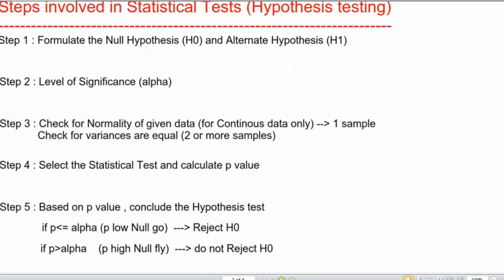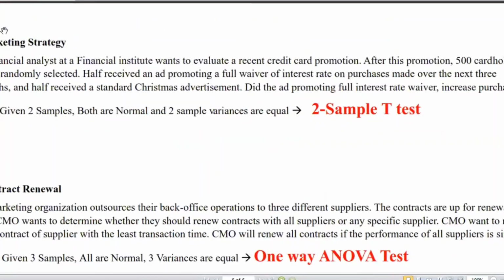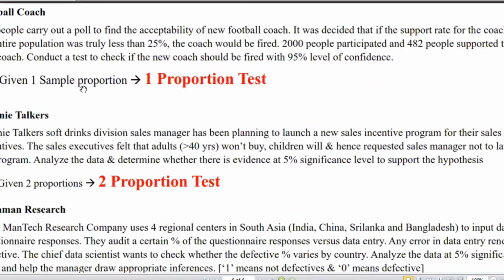Now, let us take example number 1. People carry out a poll to find the acceptability of a new football coach. It was decided that if the support rate for the coach in the entire population is less than 25%, the coach will be fired.